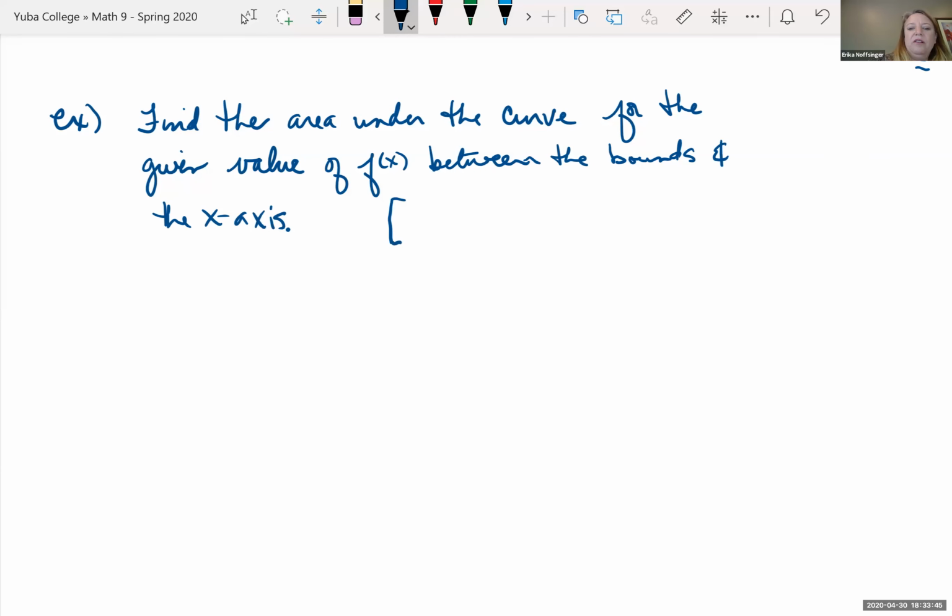So we need to calculate for any area that falls underneath the curve.